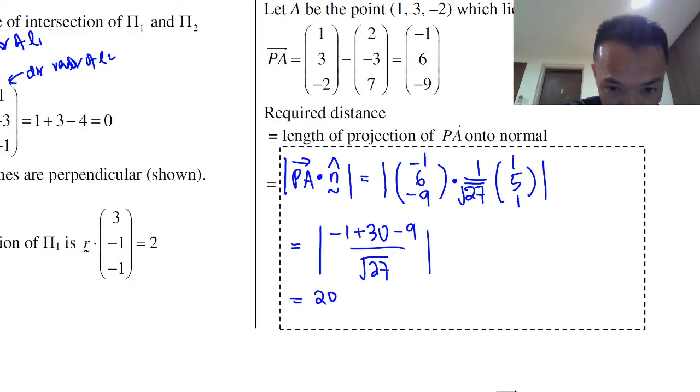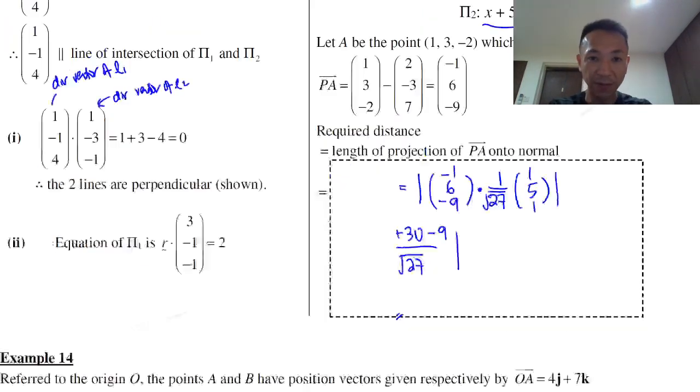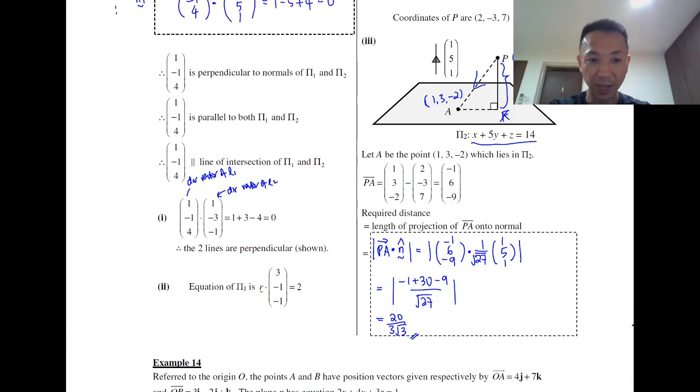You will get 20 over 3 root 3. That's that. That is the final answer of example 13.